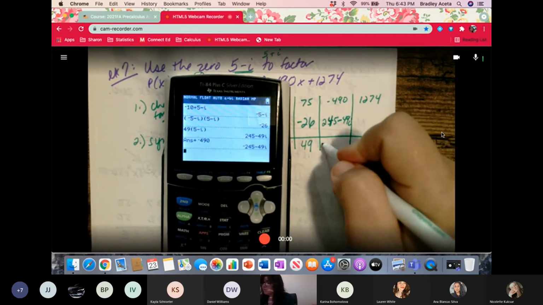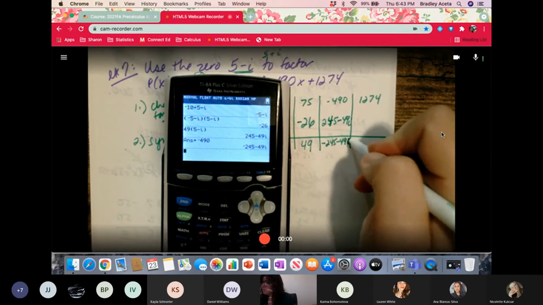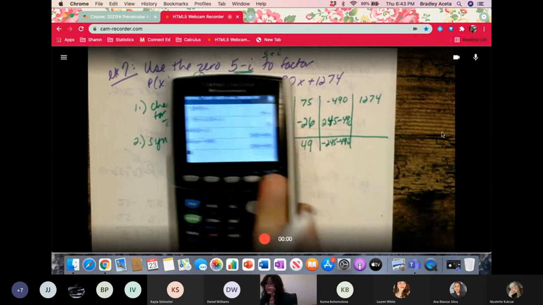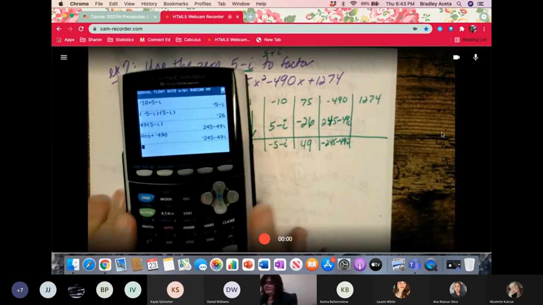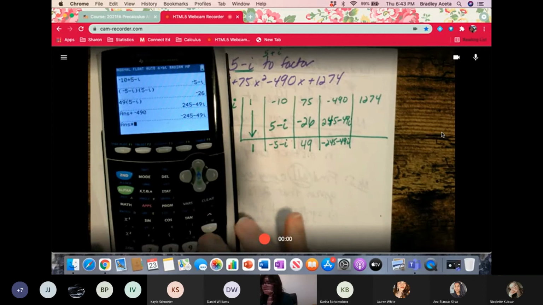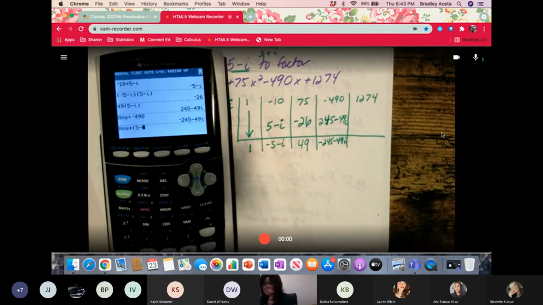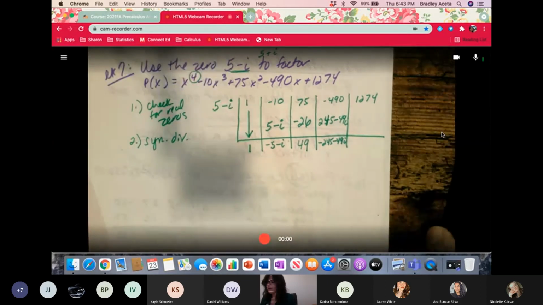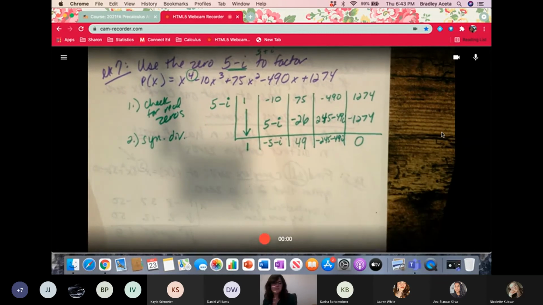And I get -245 minus 49I. And then I go to multiply these two together. And again, that's really big, so I'm just going to say multiply by 5 minus I. -1274. I know I did it right because I got a 0.